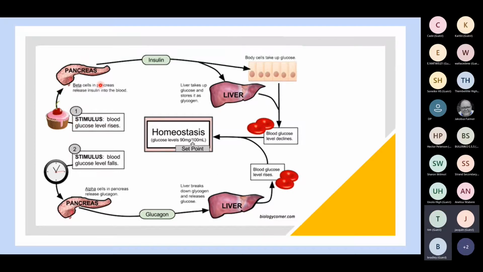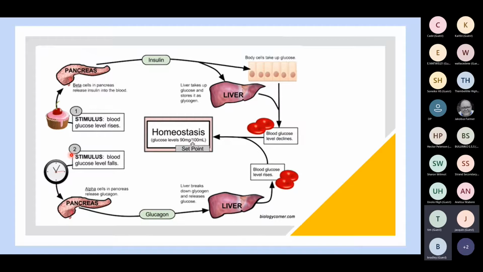Which gland? Pancreas. Which hormone? Insulin. Where does the insulin go? The liver. And the liver then stimulates the conversion of glucose to glycogen, and the glucose levels in the blood will decrease. What is the set point? We want homeostasis.